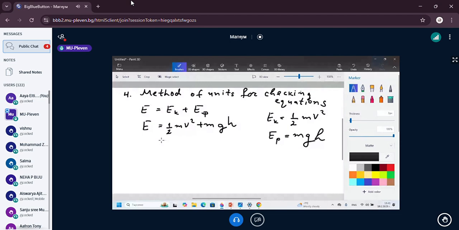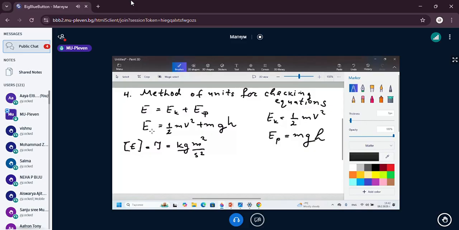So, is this correct? Suppose we are not sure, is it correct or not? But we can check using units. Each term must have the same unit. The left-hand side unit, energy, is the joule, being kilogram meter squared divided by second squared.